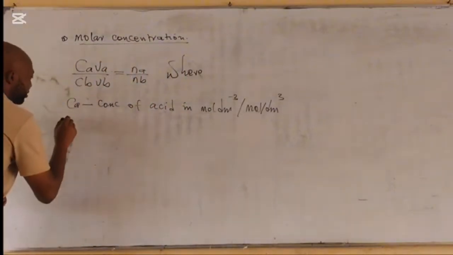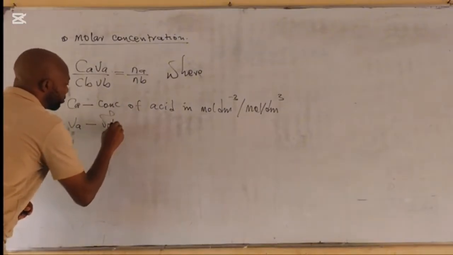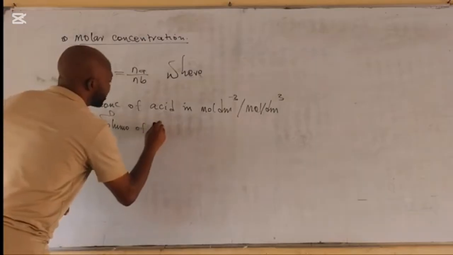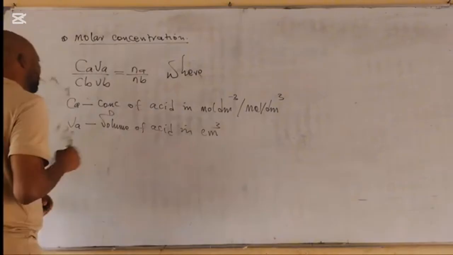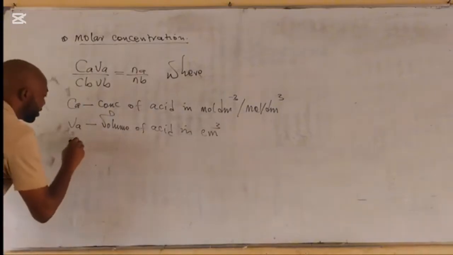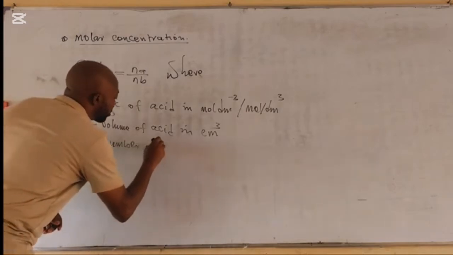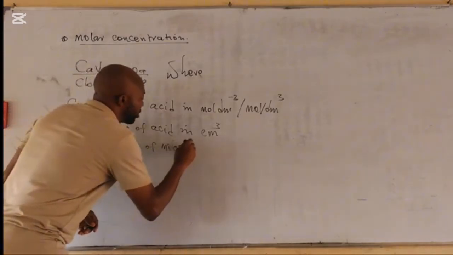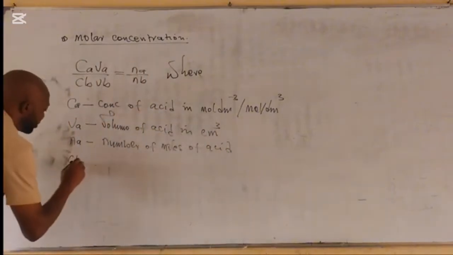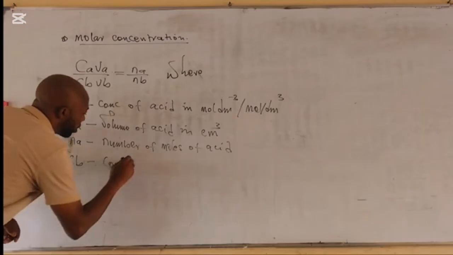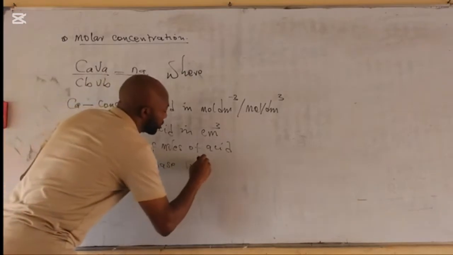VA is volume of acid in cm cube. NA is number of moles of acid. CB, concentration of base in mole per dm cube.